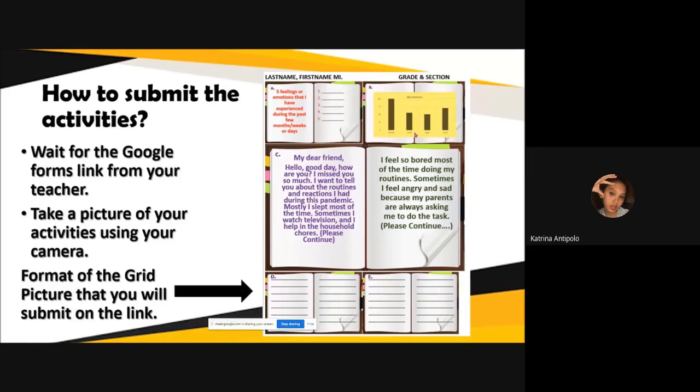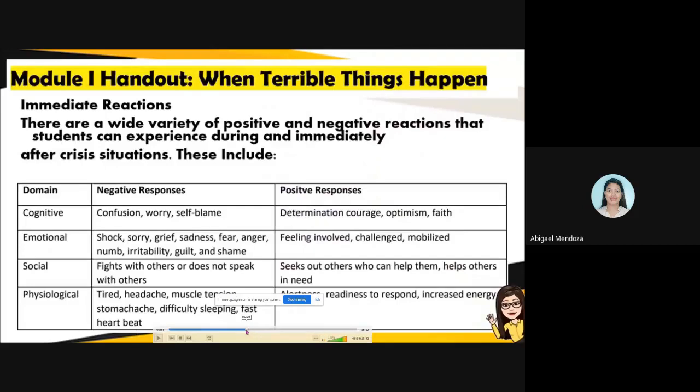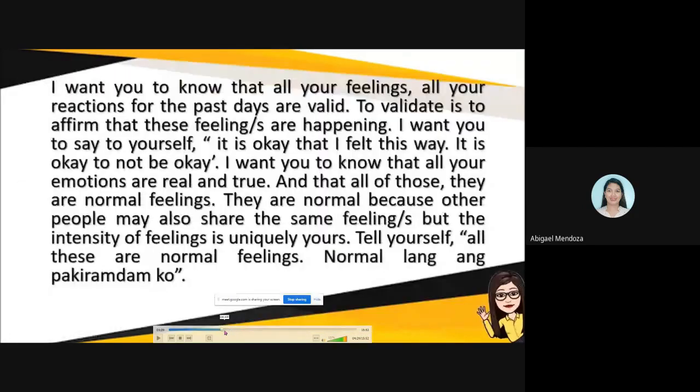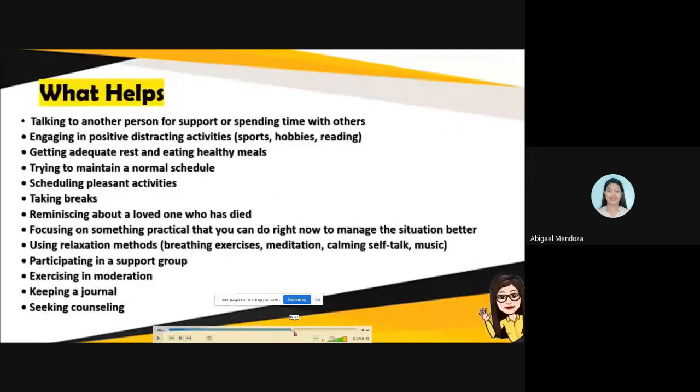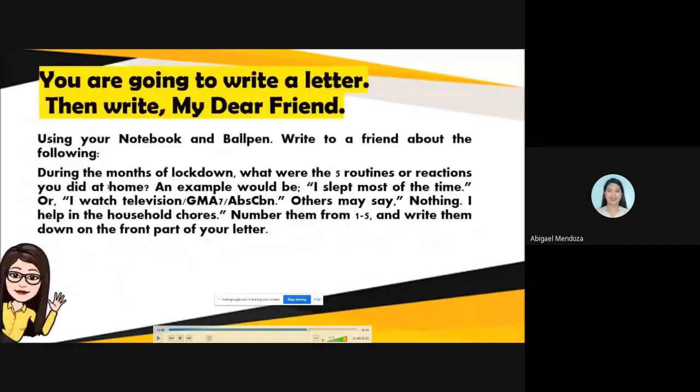Wala po. Sa letter C, sabi dito, you're going to write a letter to your friend. For example, may susulatan kayong kaibigan. So, gagawa kayo ng letter for her. Ano ba sabi doon? Ayan. You're going to write a letter.